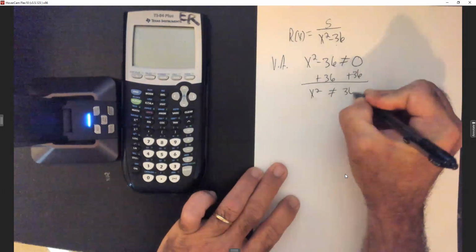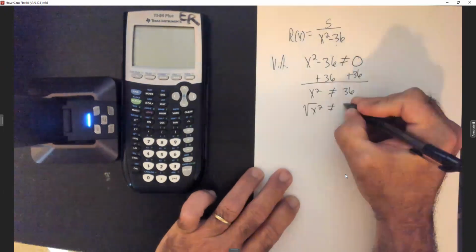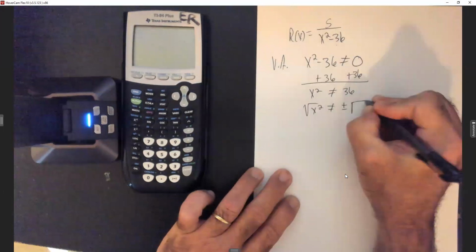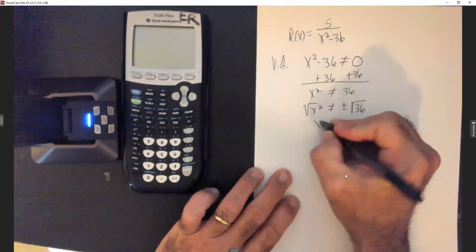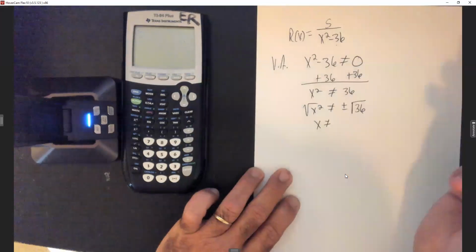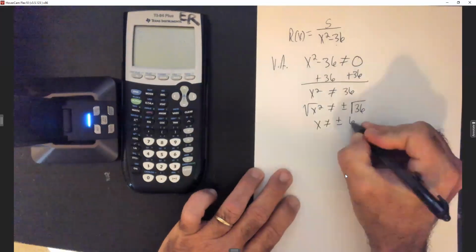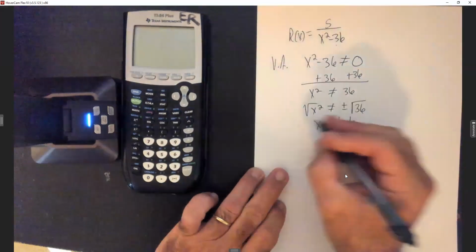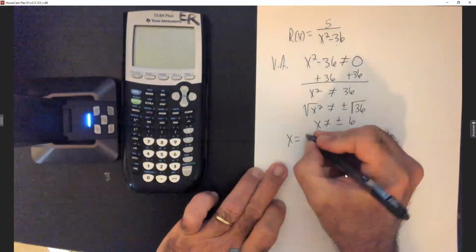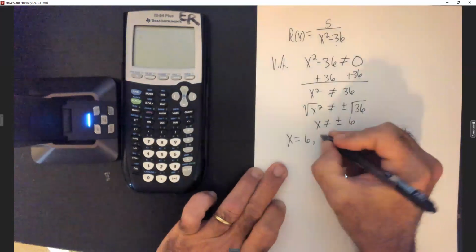But remember, since I'm doing a square root, I got to do a plus or minus square root on that 36. So x cannot equal plus or minus 6.